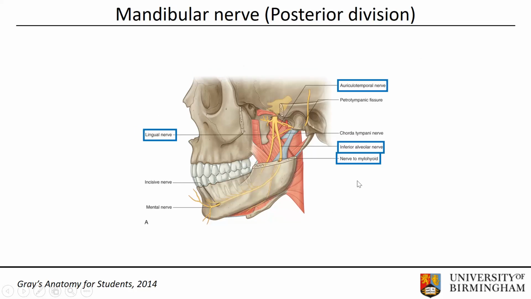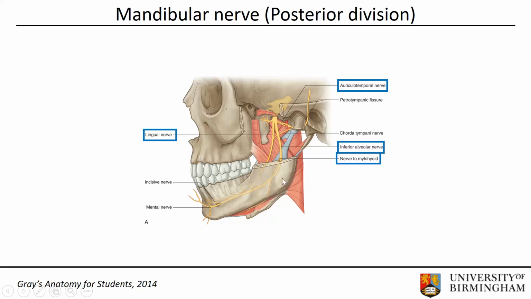And here we have the branches of the posterior division with the auriculotemporal nerve, the lingual nerve, the inferior alveolar nerve, and the nerve to the mylohyoid muscle.